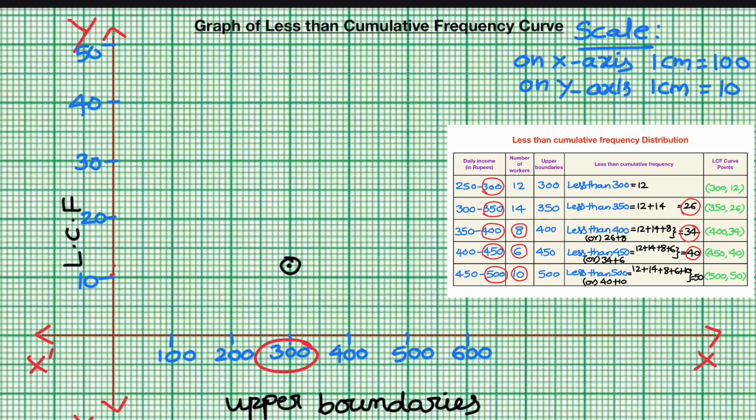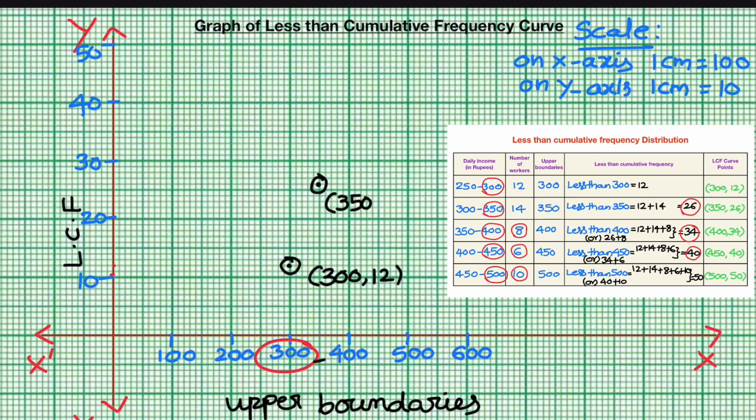So the point is here. Similarly, second point 350, 26. This point is 350 units away from the y-axis and 26 units away from the x-axis. Here we have to plot 350, 26.